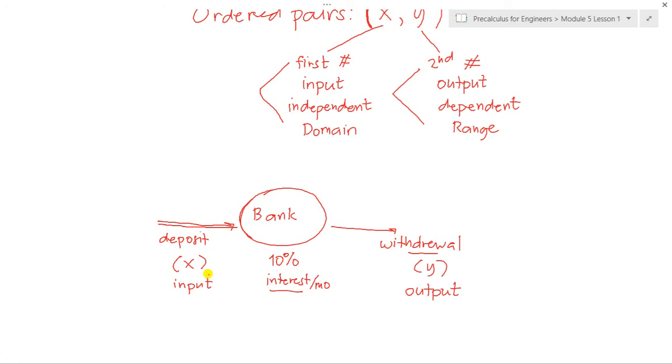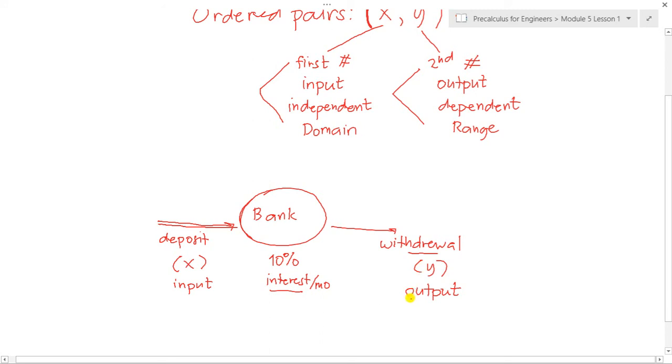So after 1 month it becomes 33. So our output here depends upon the amount of money that you deposited and also the interest of the bank. So therefore it cannot stand alone. It depends upon other variables. That's why it's called dependent.